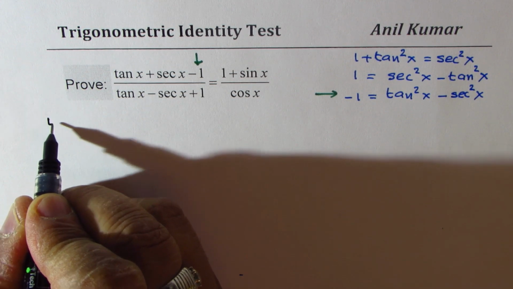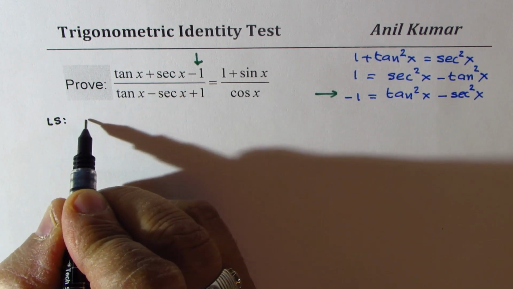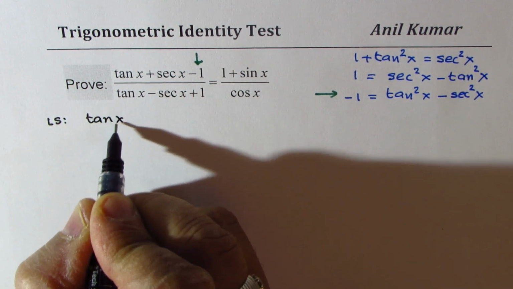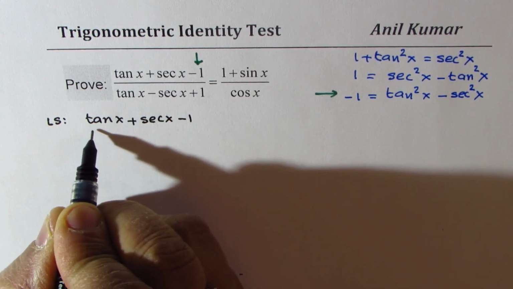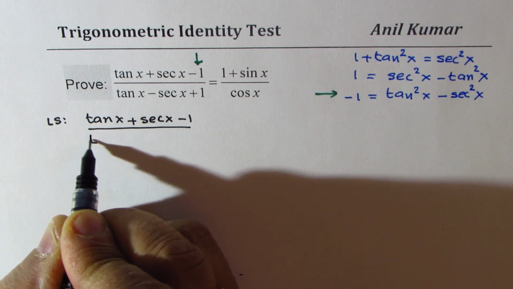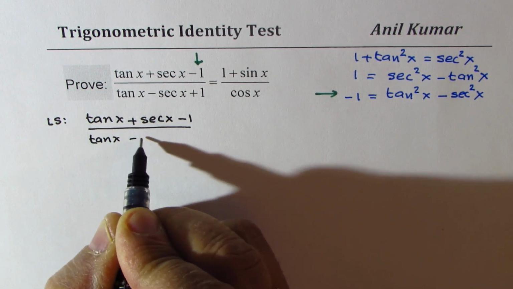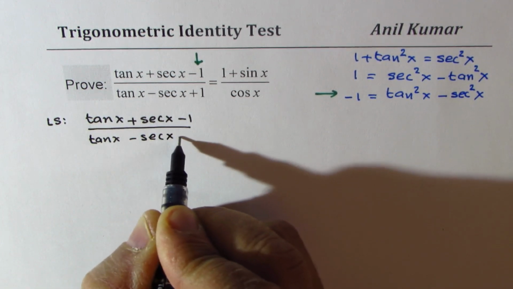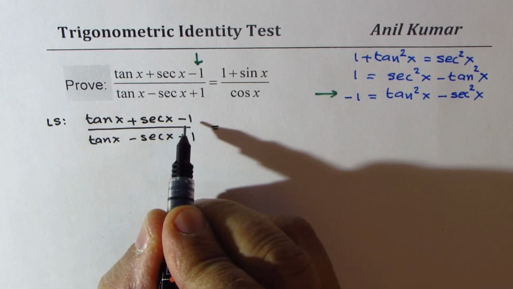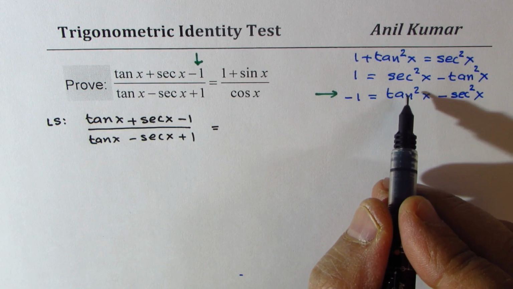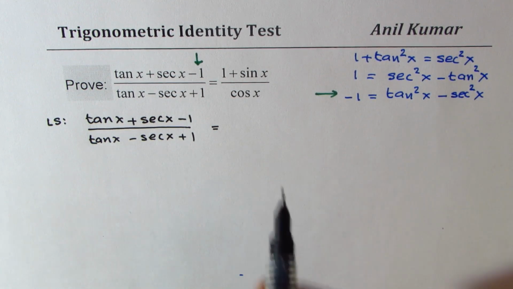So let's begin with the left side, which is given to us as (tan x + secant x - 1) divided by (tan x - secant x + 1). So we are going to replace minus 1 by tan square x minus secant square x.